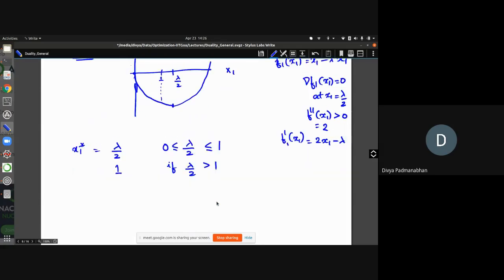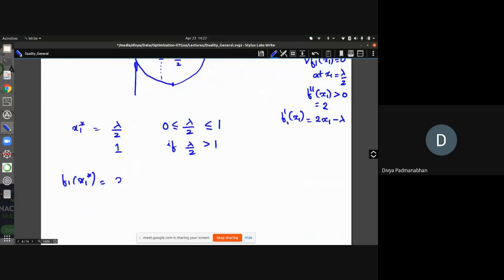So in terms of f1 of x1 star, this is just x1 squared minus lambda x1. So what's it going to give you? If lambda lies between 0 and 2, what is the value going to be? You just need to substitute this value x1 star.